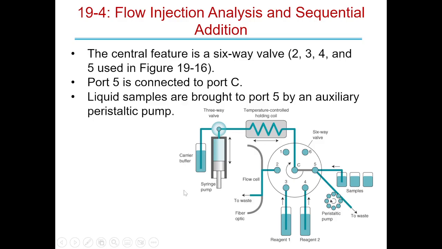Anyways, so the central feature is a 6-way valve. Ports 2, 3, 4, and 5 are used in figure 1916 here. Port 5 right here is connected to port C. See that?